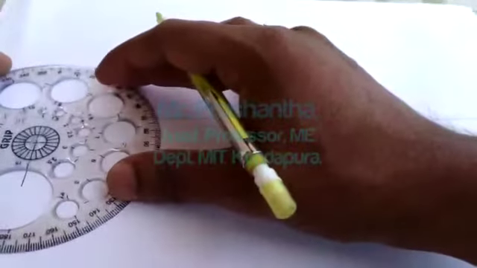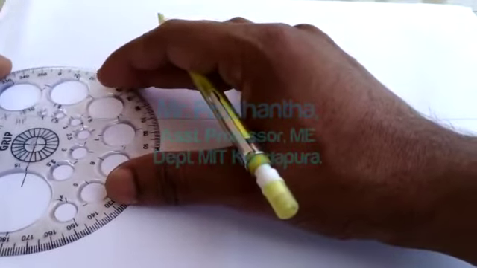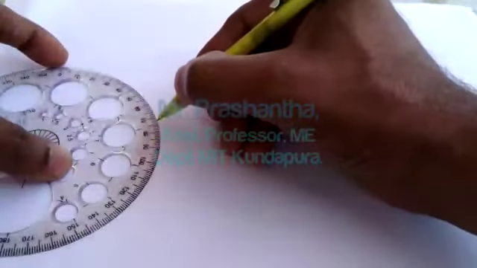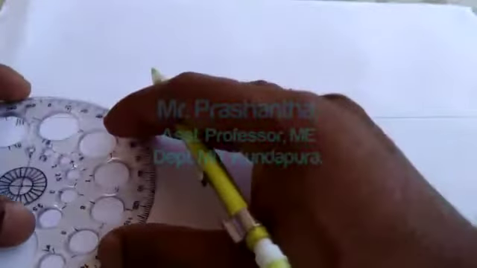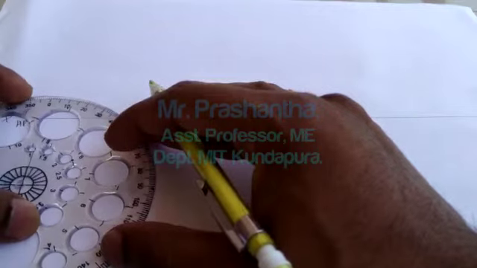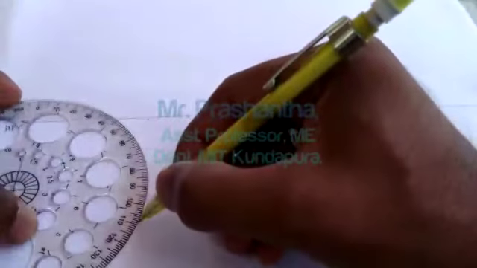Then use a protractor to mark 108 degrees here and on the other side also, 108 degrees.